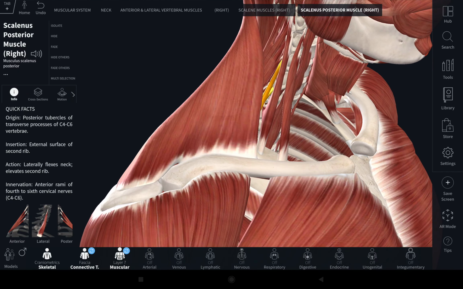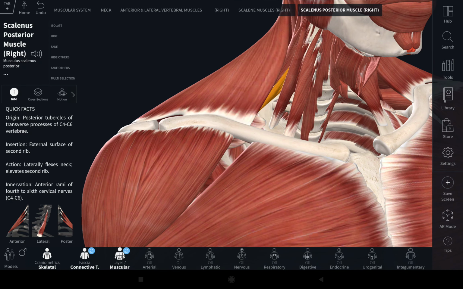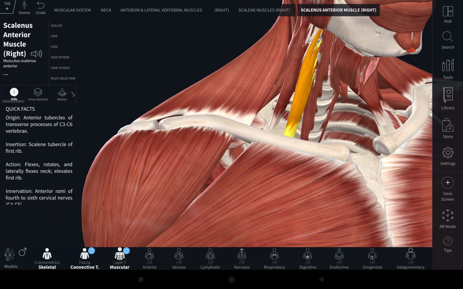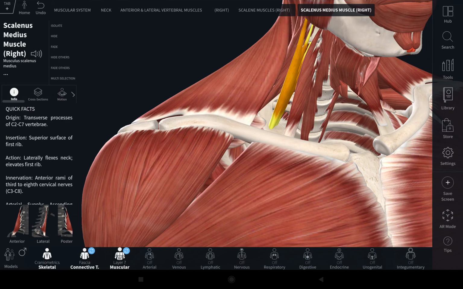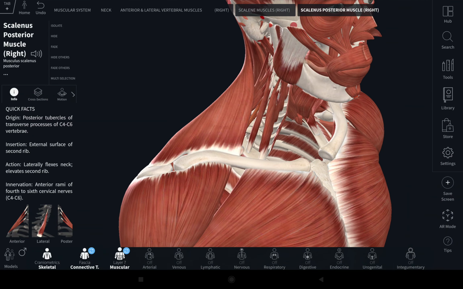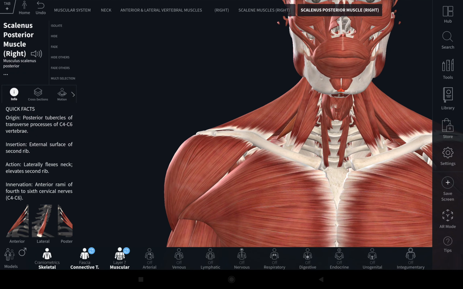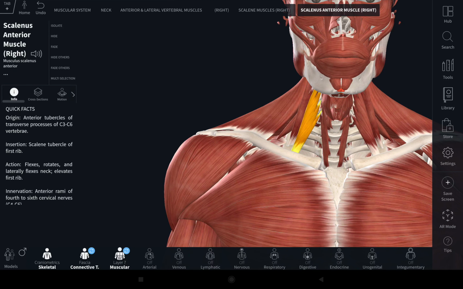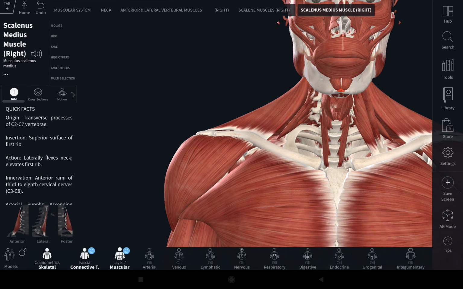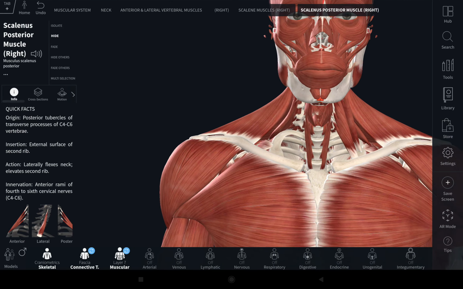So scalenus anterior, scalenus medius, and scalenus posterior. Now we remove the scalenus anterior, scalenus medius, and scalenus posterior.